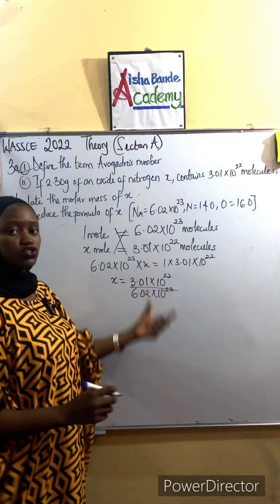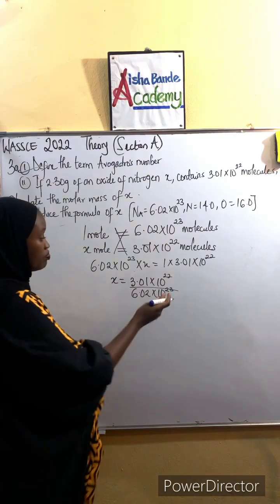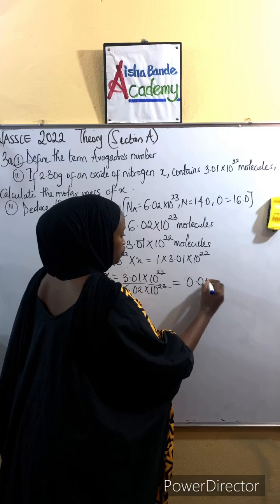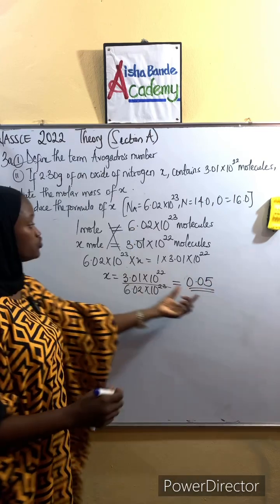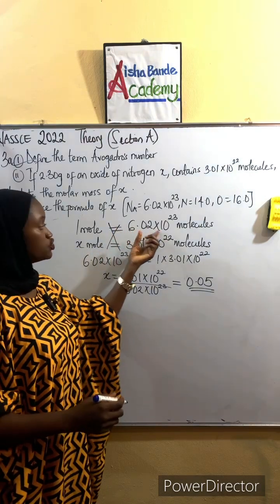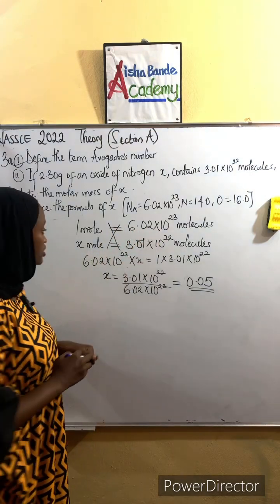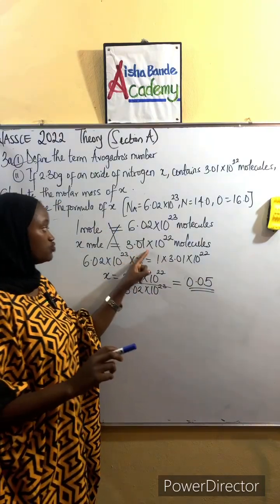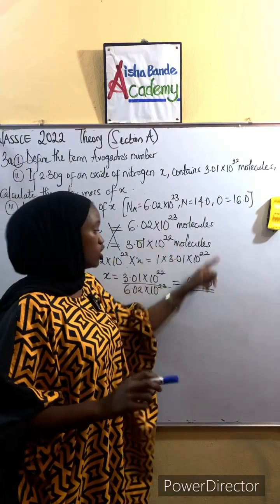Punching the calculator gives us a value of 0.05. Okay, so if 1 mole of a substance contains 6.02 times 10 to the power of 23 molecules, then 0.05 mole will contain 3.01 times 10 to the power of 22 molecules.